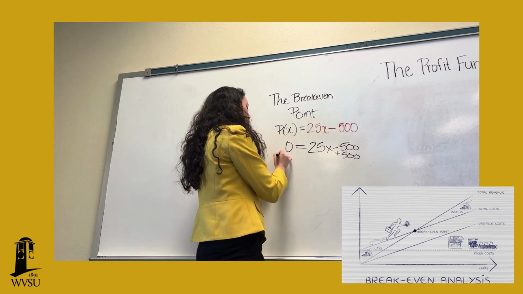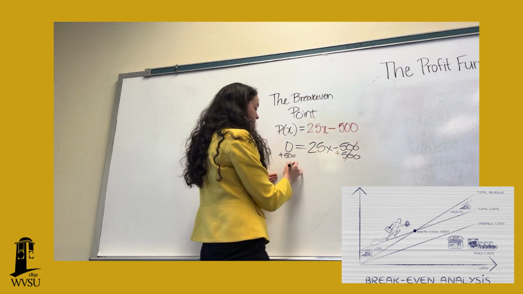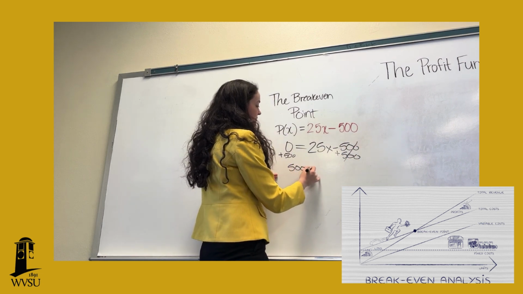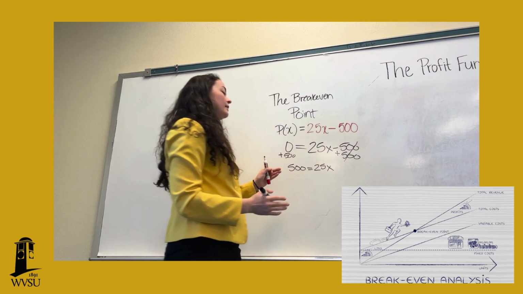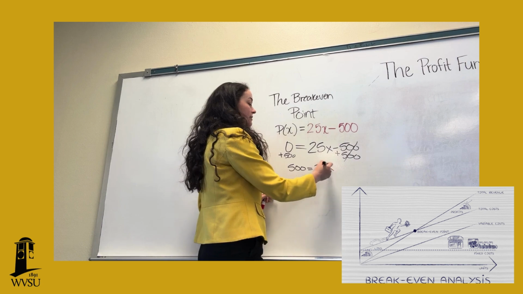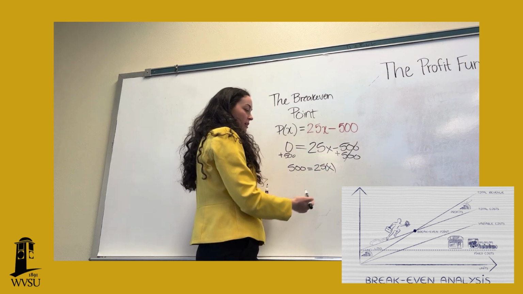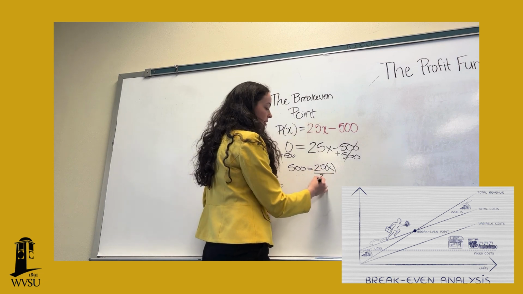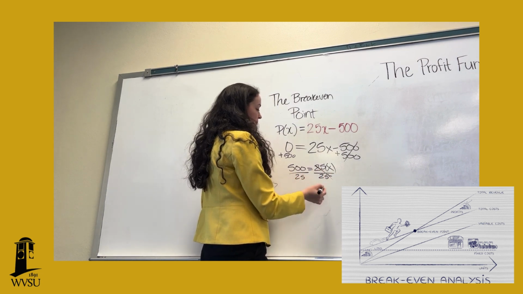To balance it out, we need to also add 500 on the other side of the equation. That's going to leave us with 500 equals 25x. Now we have one more step. This 25 being right beside the x means that we are multiplying. To get rid of that multiplication, we do the opposite operation of division on both sides.